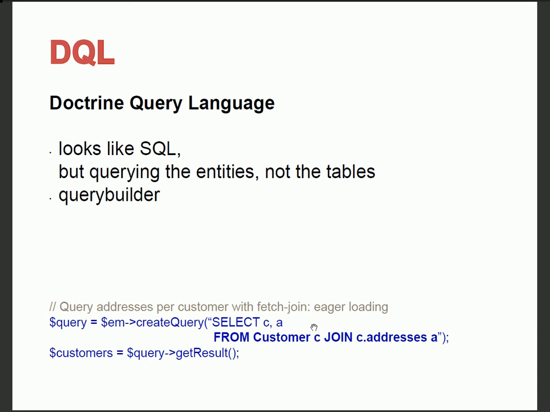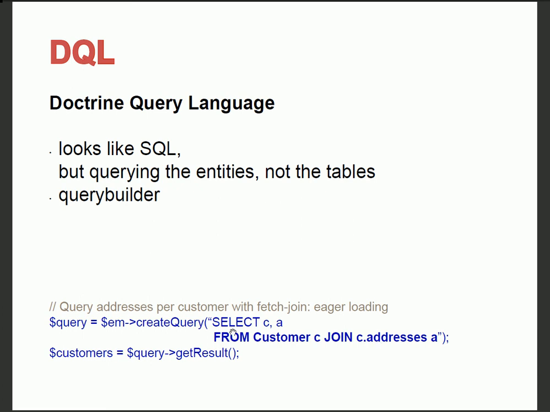It doesn't have anything about foreign keys. Foreign keys is database language. How they are connected, that's not so interesting. It's more about that a customer can have multiple addresses.